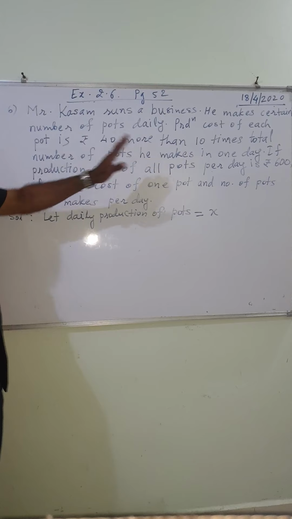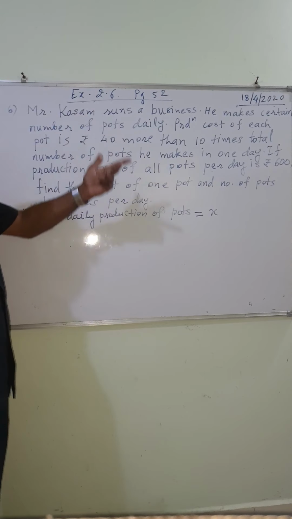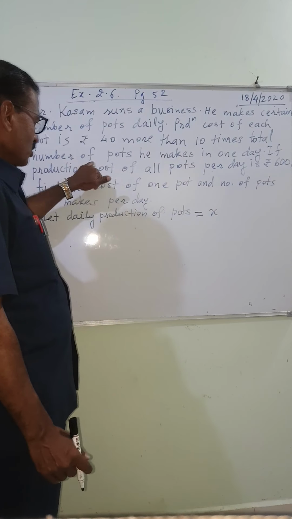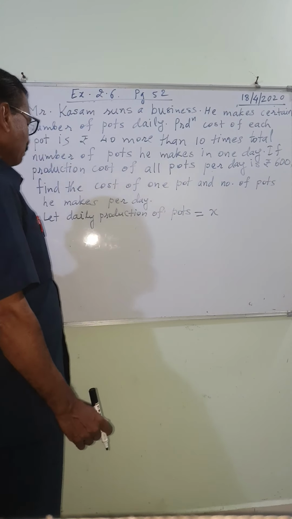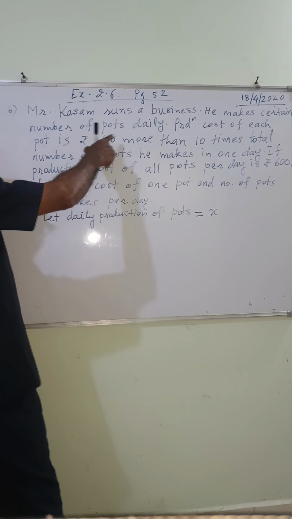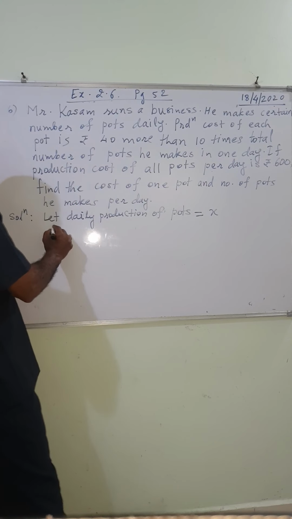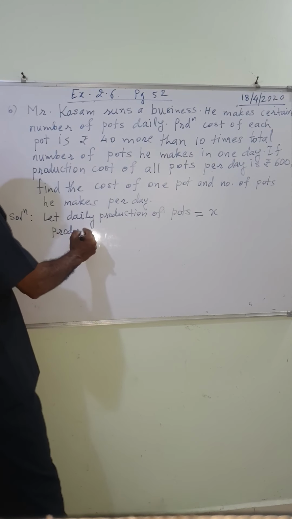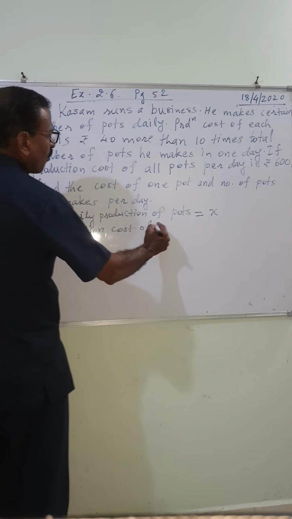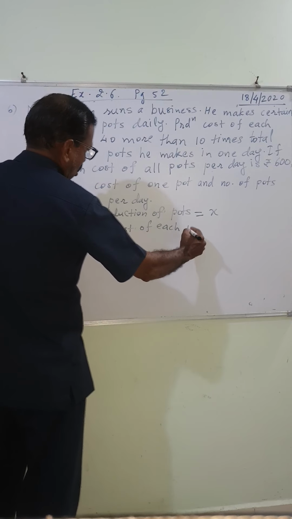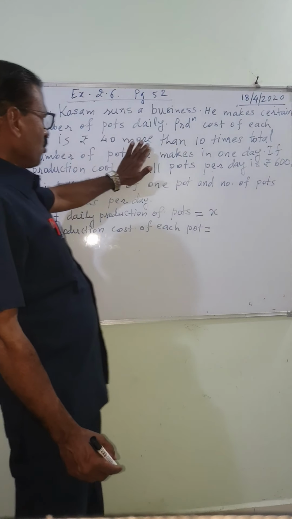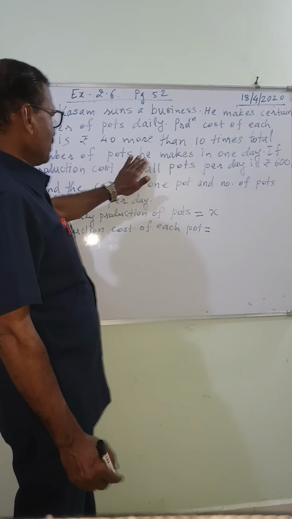Now production cost of each pot is rupees 40 more. 40 more means plus 40. Then 10 times the total number of the pots. Total number of the pots are X. So production cost of each pot is equal to 40 more than 10 times the total number of the pots he makes in one day.